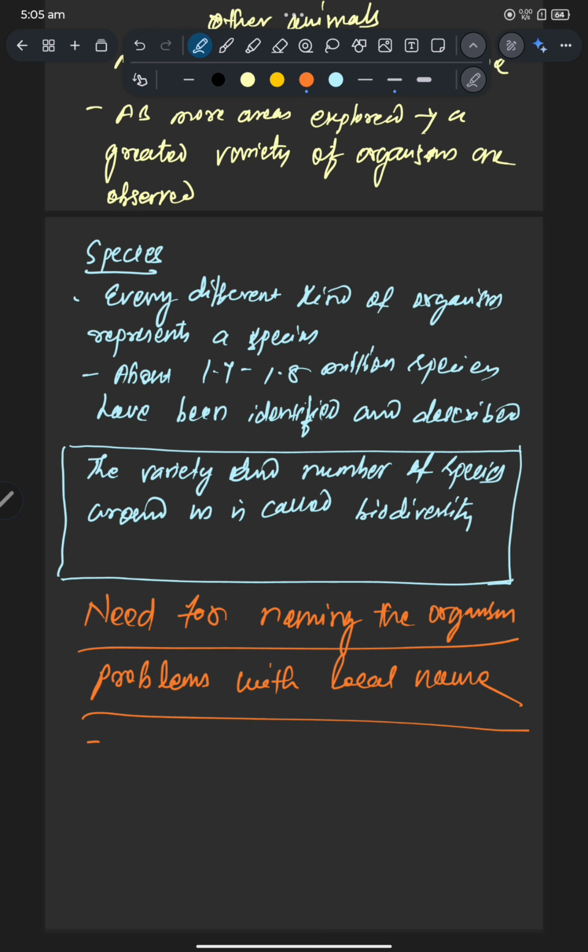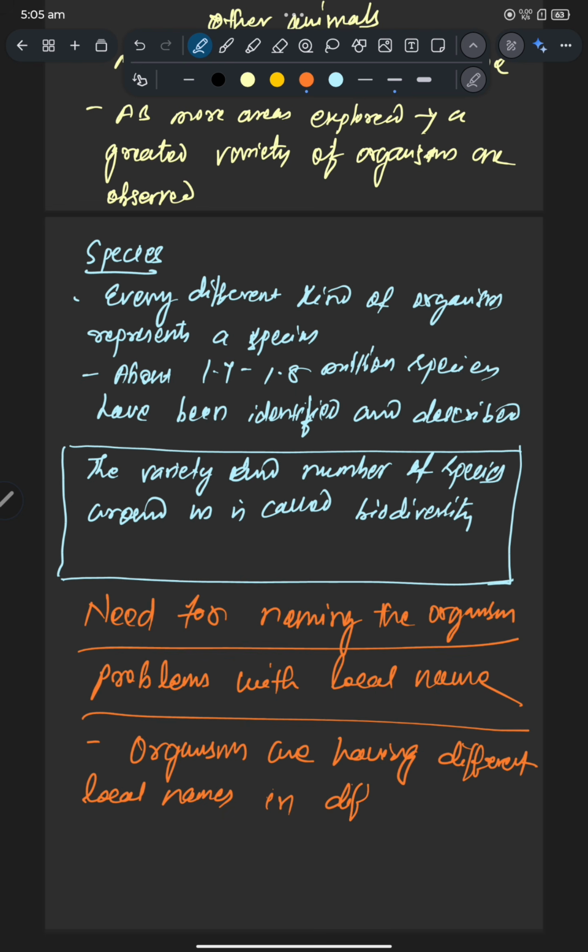The main problem is that organisms have different local names in different regions. Okay, and this creates confusion in communication.